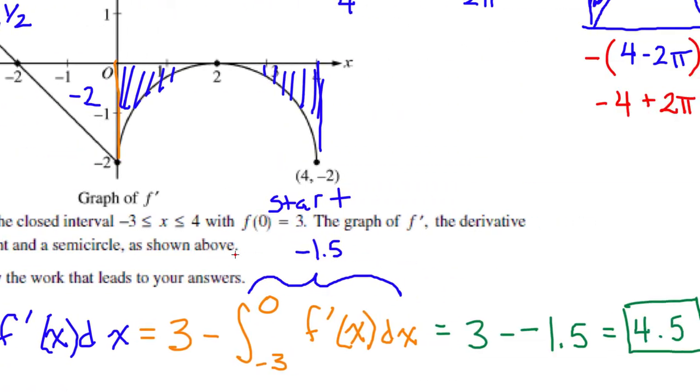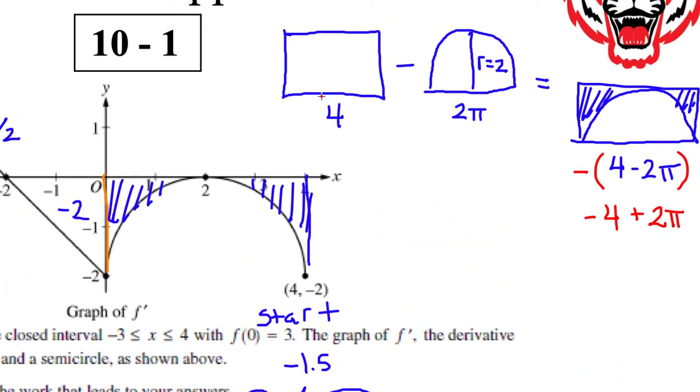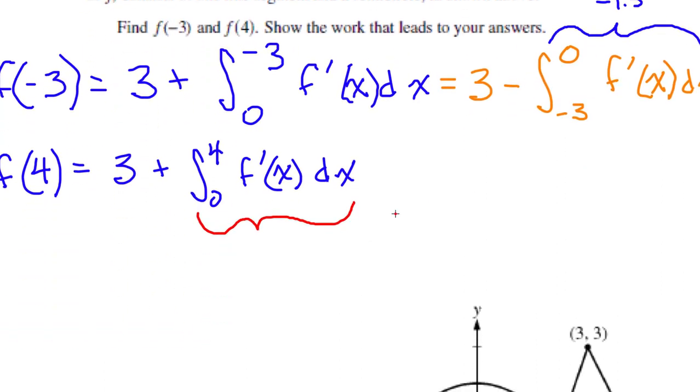Wait a sec. That should be 8. I'm like, that seems too small. Yeah, it's 2 by 4, that's 8. My bad. Let's fix that. This should be an 8, and then this should be 8. Therefore, that should be -8. All right, -8 plus 2 pi.